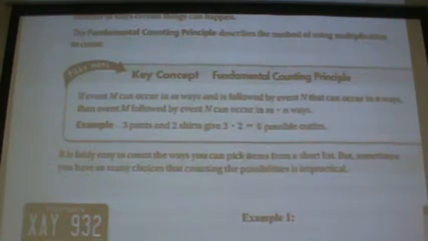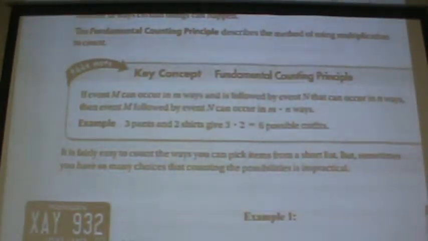Now this you should be fairly knowledgeable about. It covers if you're given so many objects and so many of another objects, how many combinations of the two or however many you have can you make. So the example here gives you have 3 pairs of pants and 2 shirts.